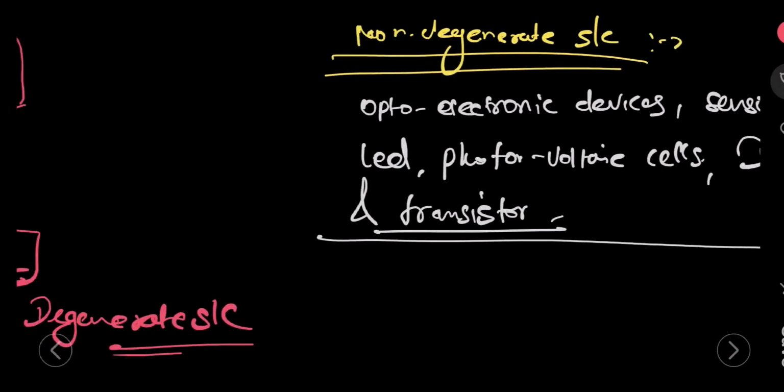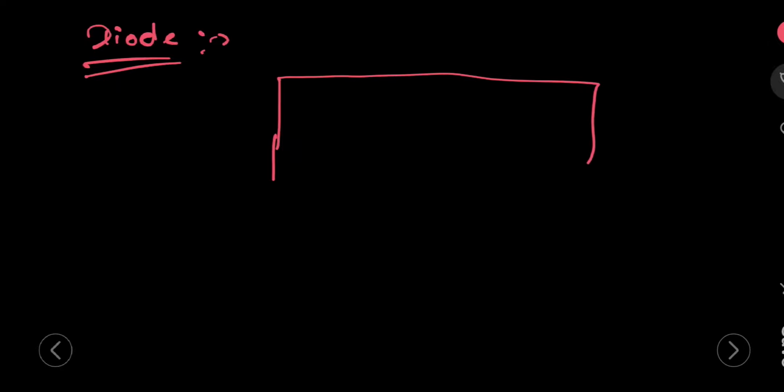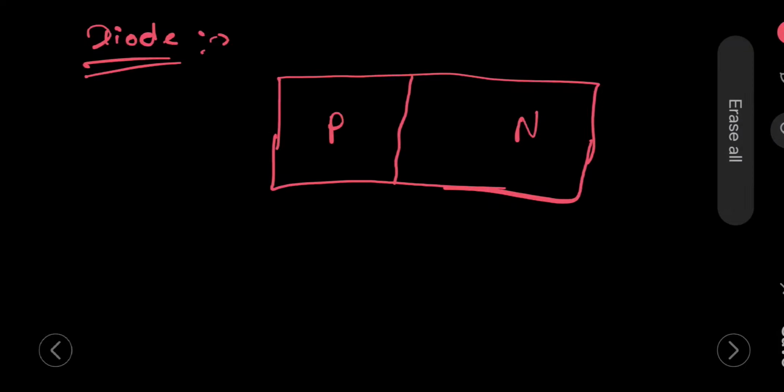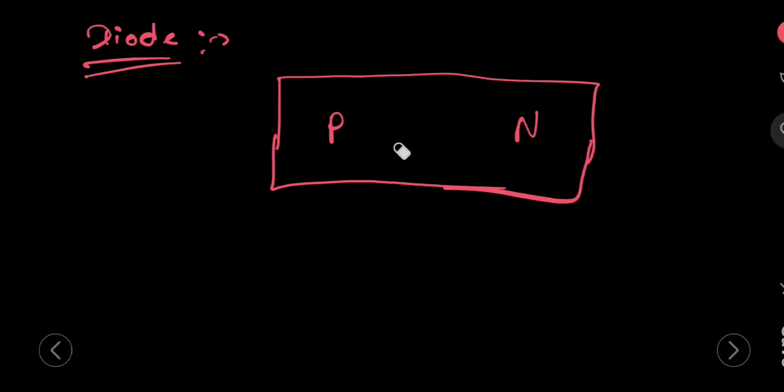This is for today's video, and we will talk about the diode in later videos, of which I will give you some brief idea. P and N type materials are added simultaneously in a wafer.